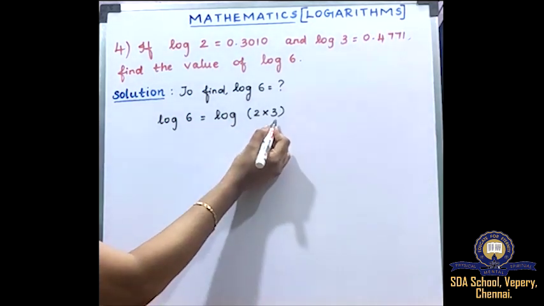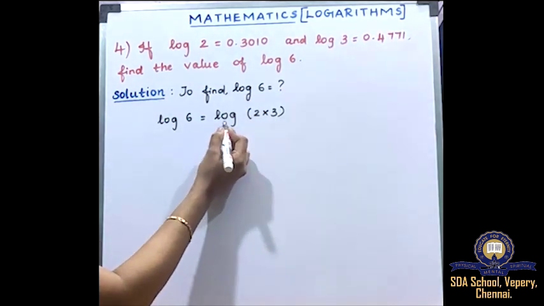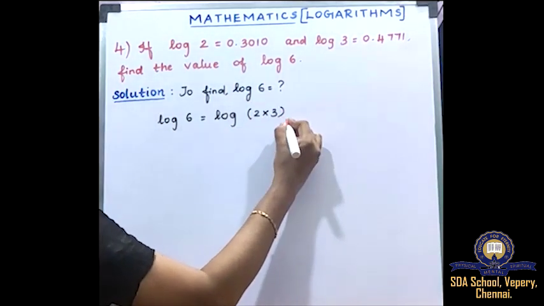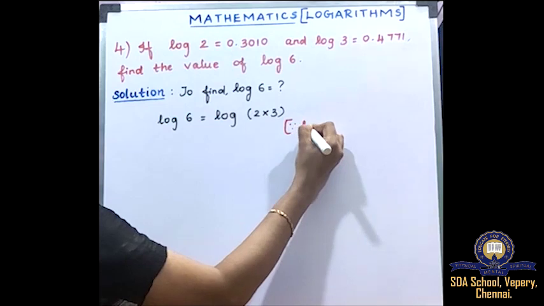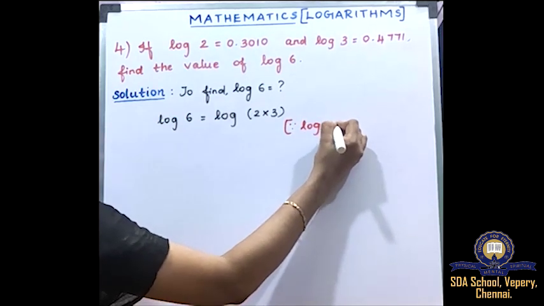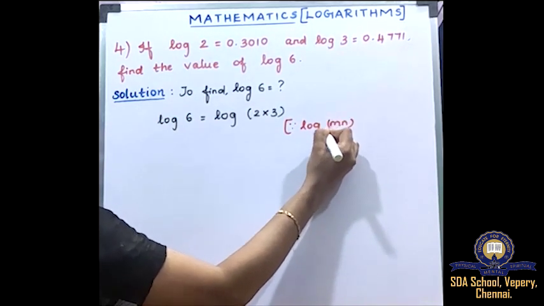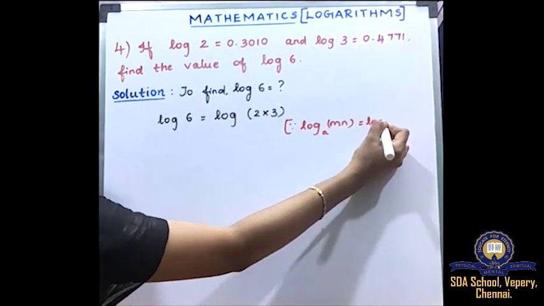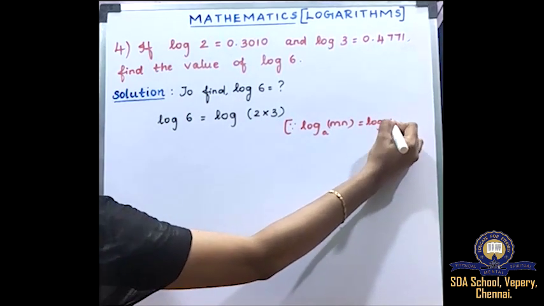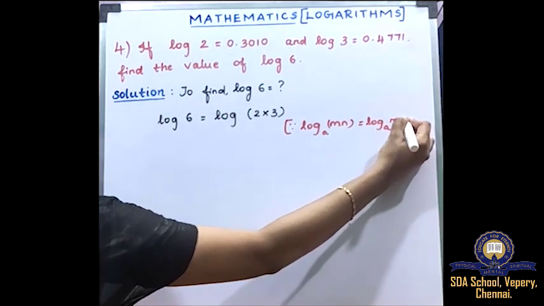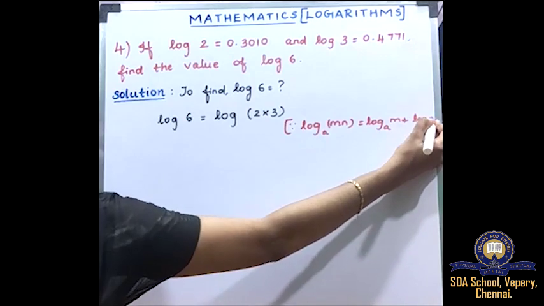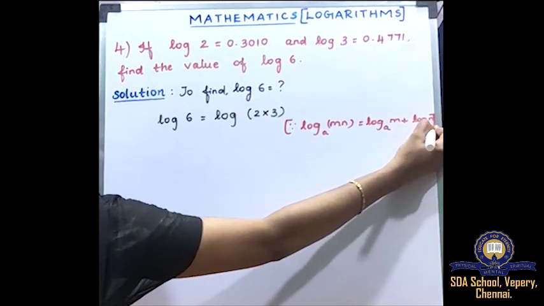So now if you observe this, this is in the form of log m into n, right? So as the law states, log mn to the base a equals log m to the base a plus log n to the base a.